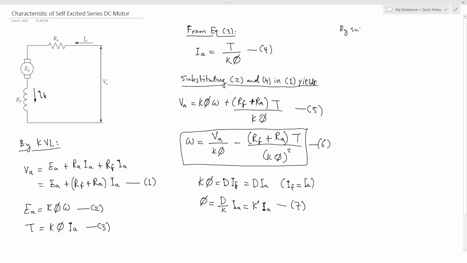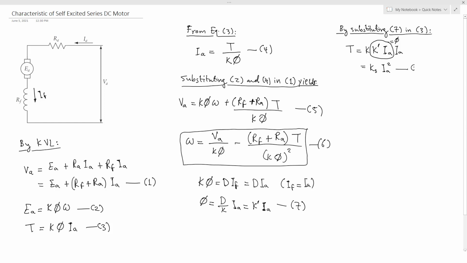So by substituting 7 in 3, T will equal K K prime IA squared, because this term will equal phi. So this will equal KS IA squared.